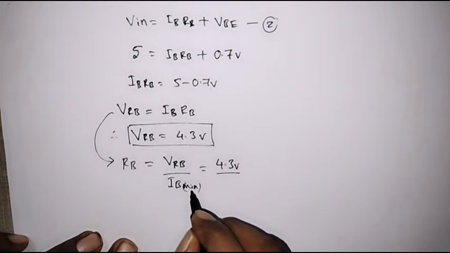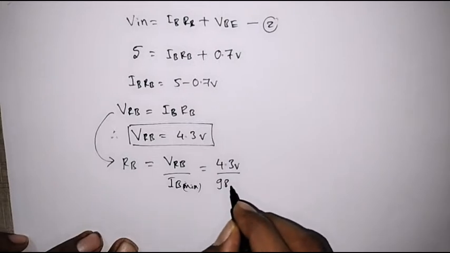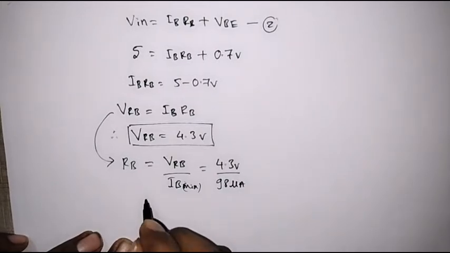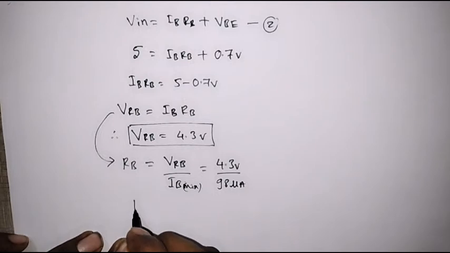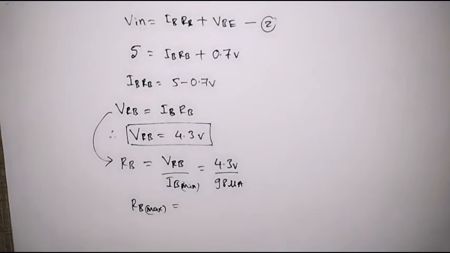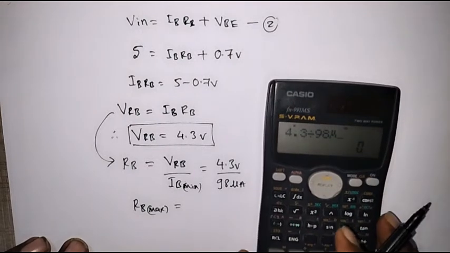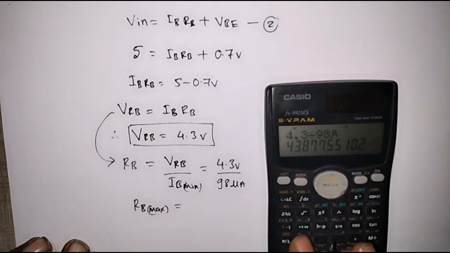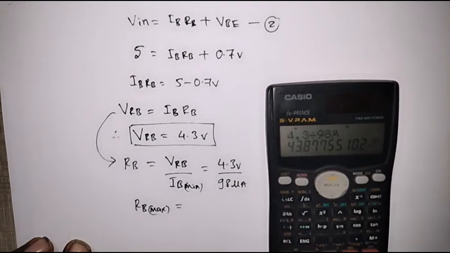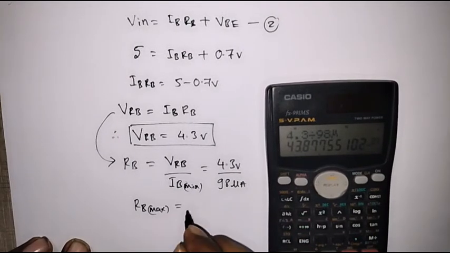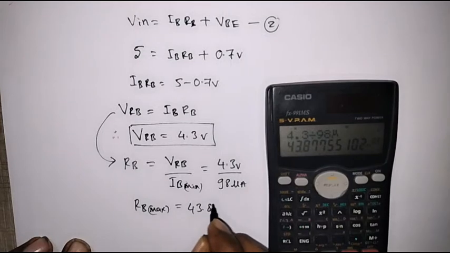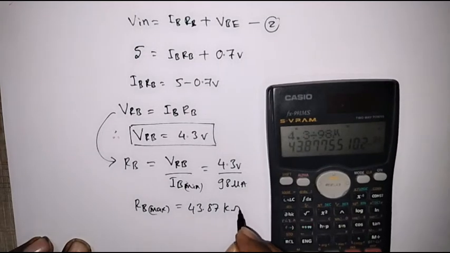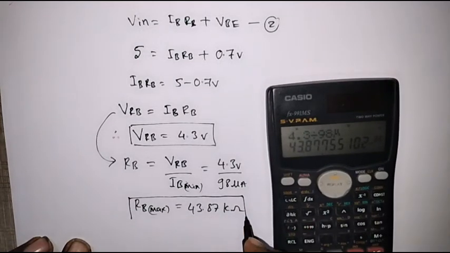So the minimum IB value calculated is 98 microamps. Therefore RB max is equal to 4.3 divided by 98 micro, which is equal to 43.87 kilo ohm. This is the required solution for sub question 3.